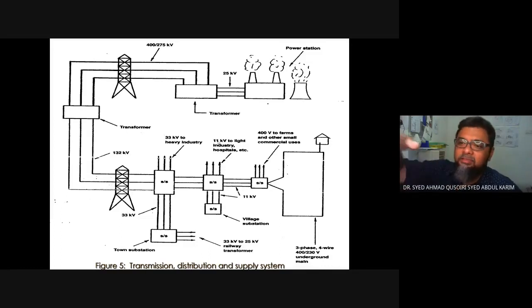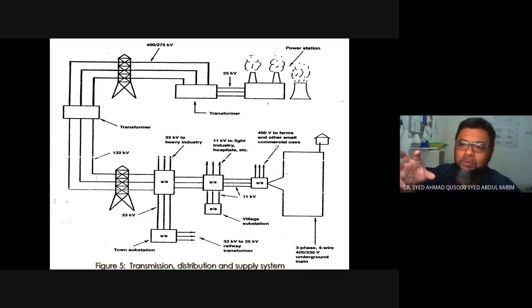So the electricity travel lagi hinggalah sampai ke farms, small commercial buildings, kedai commercial building lah, bangunan-bangunan building macam hotel. Biasanya kita tengok dekat bangunan-bangunan ni, dekat bahagian bawah tu dia ada substation dia sendiri.